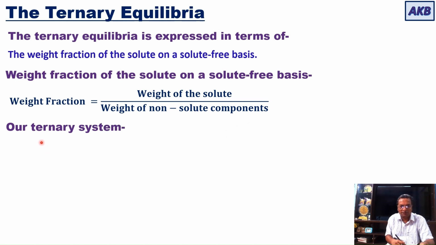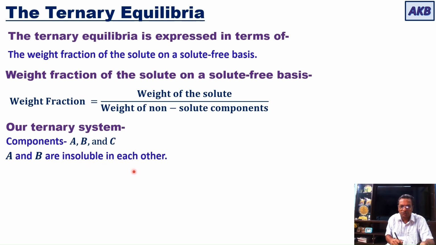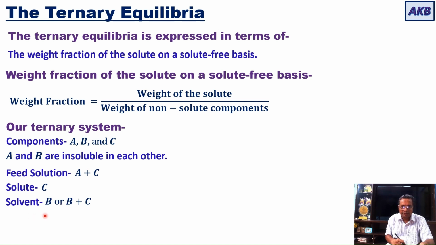In the case of our ternary system, where three liquid components A, B and C are there, A and B are insoluble in each other. Feed solution is A plus C. Solute is C. The solute that is to be recovered is C. And solvent, it could be B or B plus C.